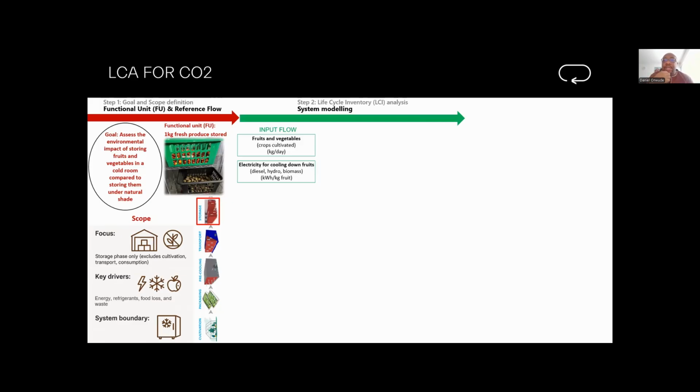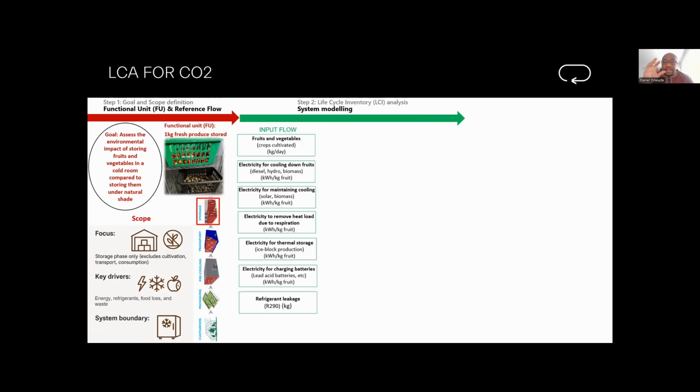So our input flow includes electricity for cooling, maintaining the storage temperature, respiration load, battery charge, refrigerant leakage, and so on and so forth, right? But for us, these are the basic parameters that we define for this calculation, basically, right?